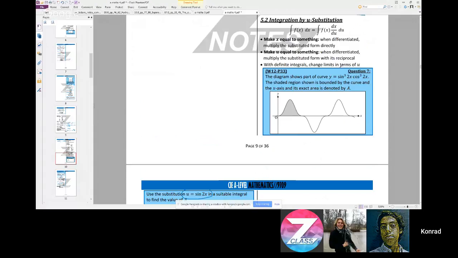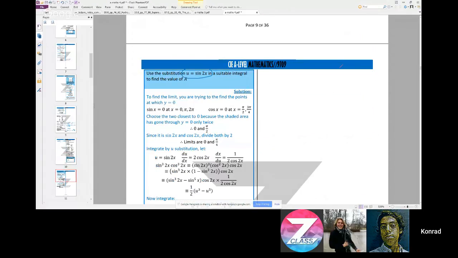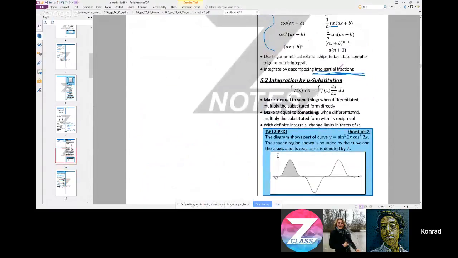So I'm going to work through this up here as an example of what we're doing, right? So we're going to say that u is equal to sine of 2x.